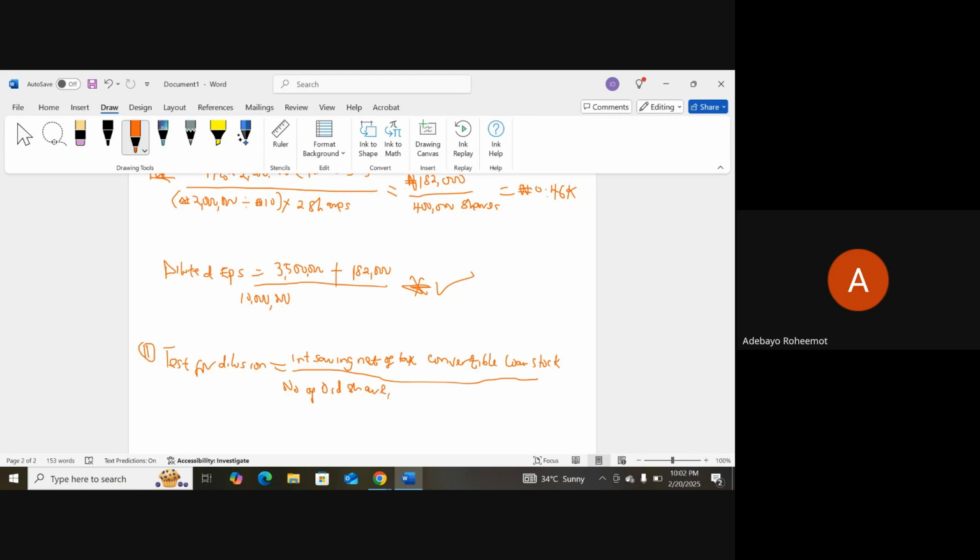Number of ordinary shares that will be exchanged for convertible loan stock.